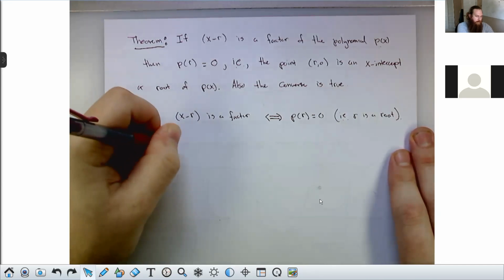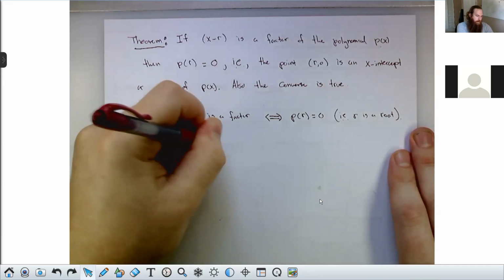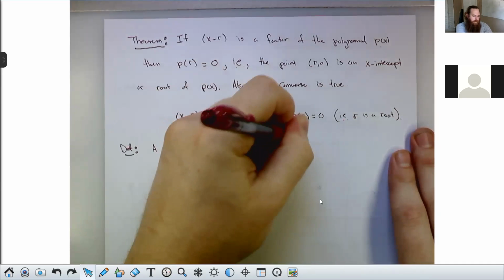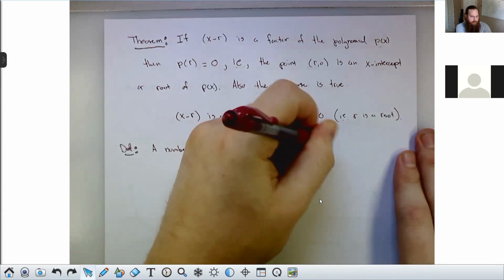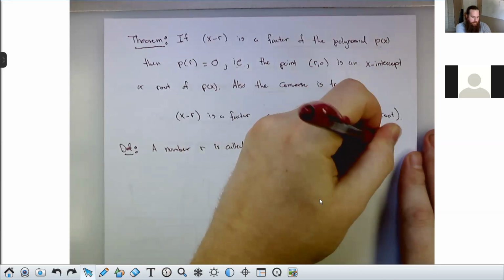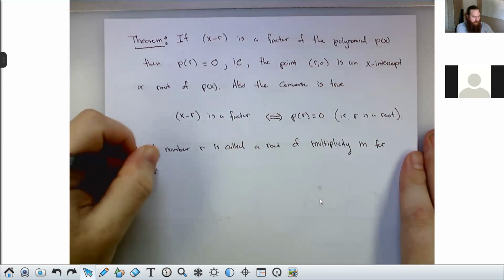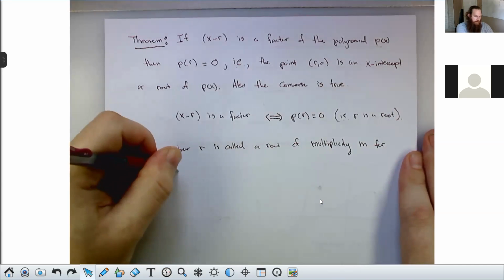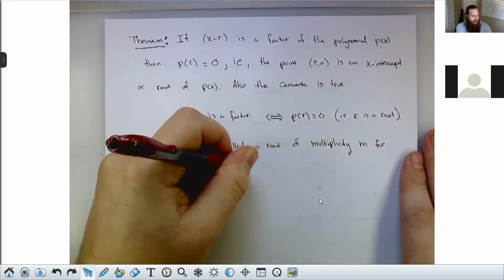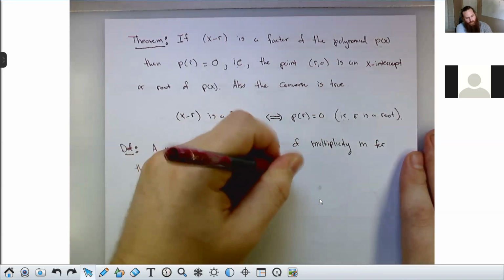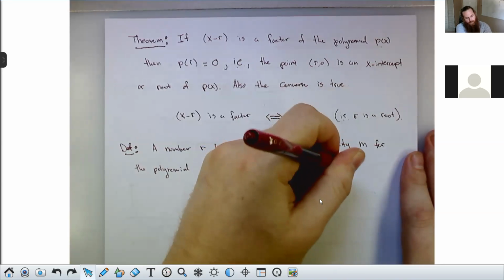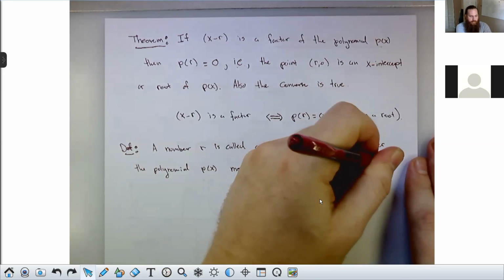A number r is called a root of multiplicity m for the polynomial p of x means that x minus r to the m is a factor of p of x.